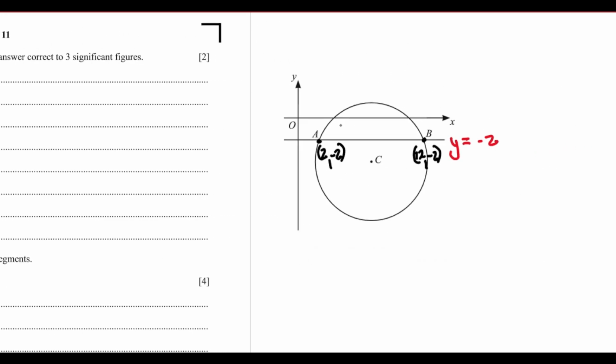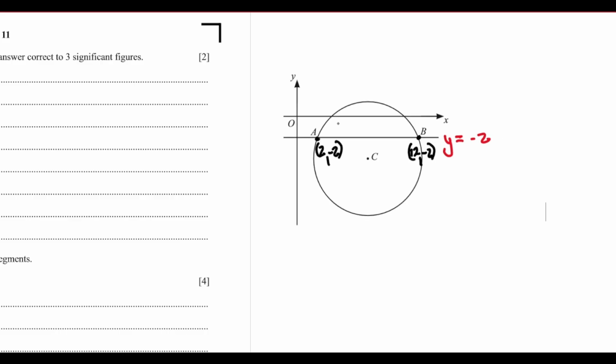Which angle do they want? ACB. So you need to make up your own triangle. A to C. Can you wake up, laptop? Okay, let me rather use there.